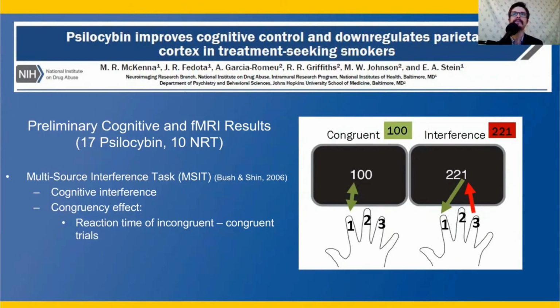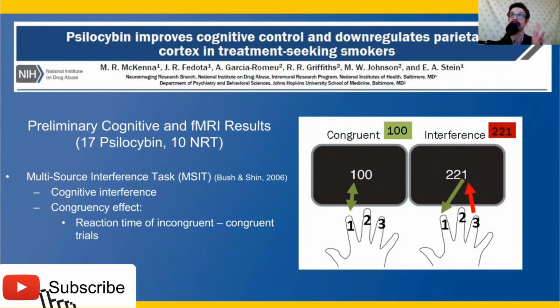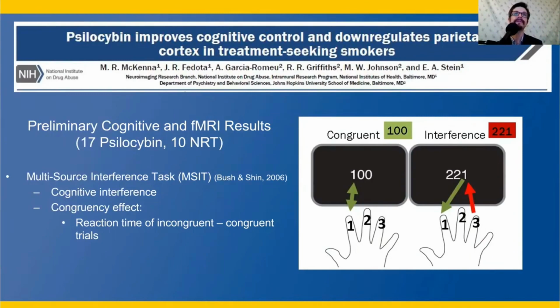The imaging wasn't done during their psilocybin session, but before and also the day after their psilocybin session, or the day after they quit if they were in the nicotine patch group. But one of the measures we looked at was the multi-source interference task.